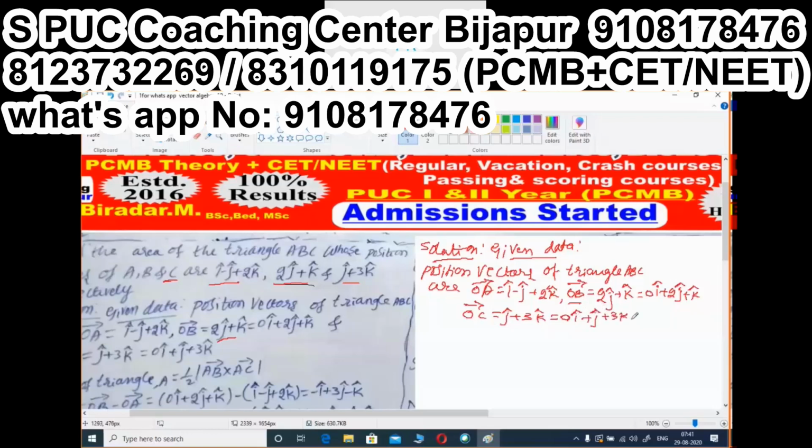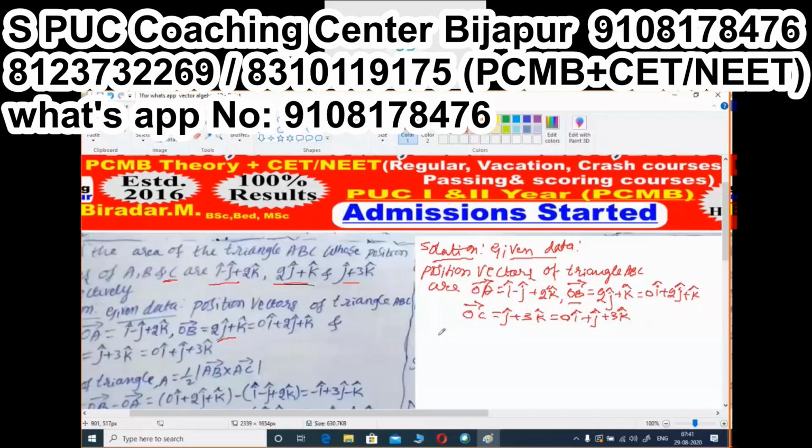Now if you observe, OA, OB and OC vectors are there. As you solved the previous problem, in the same way you find AB vector and AC vector, take AB vector cross AC vector, and then find the modulus. You are going to get the required area.